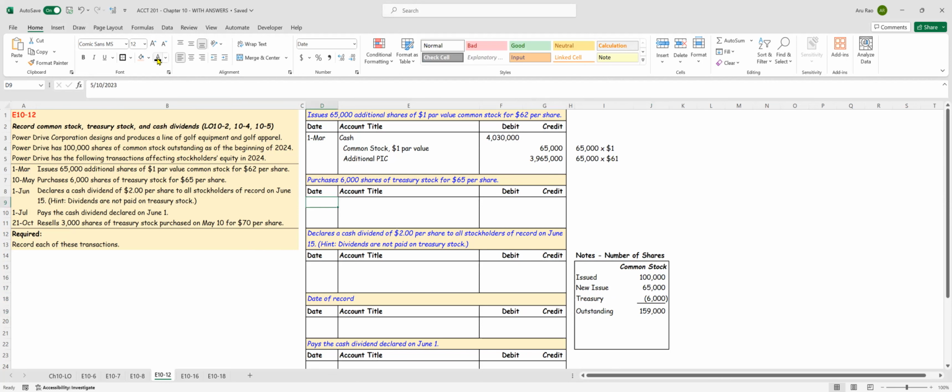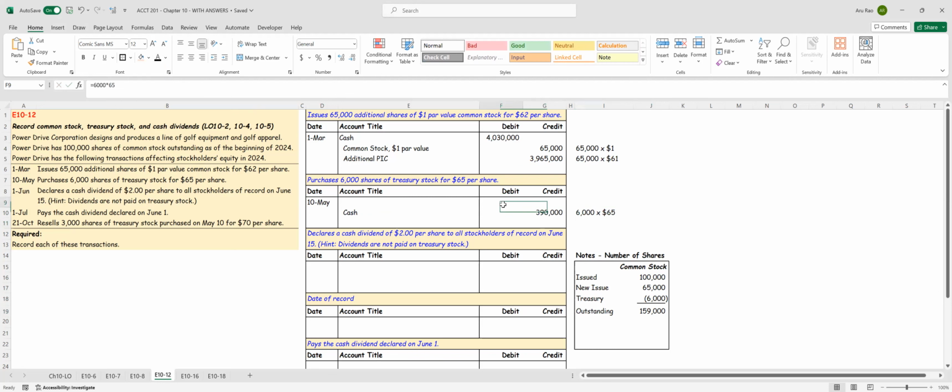So let's do the journal entry for buying back the shares. I'm buying back shares, so I pay cash, $65 per share, 6,000 shares. So I'm buying 6,000 shares, and I'm paying $65 per share that I'm buying back.